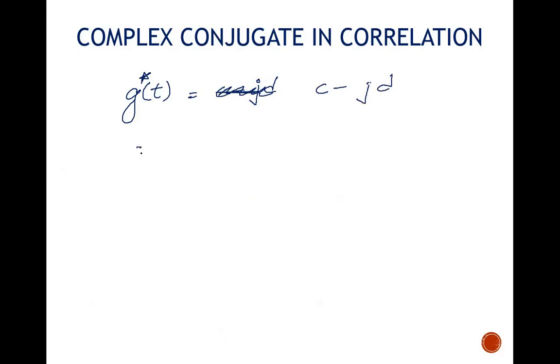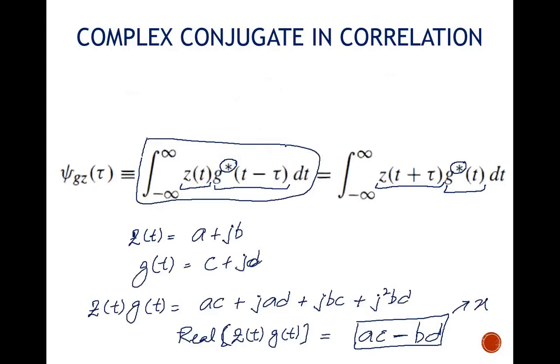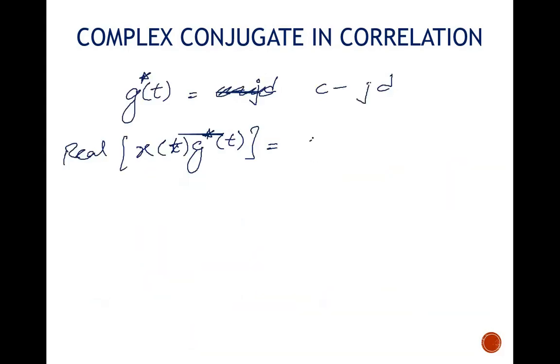Now, if we look at the product of these two, the real term in the product of z(t) and g conjugate(t) is now equal to AC plus BD.